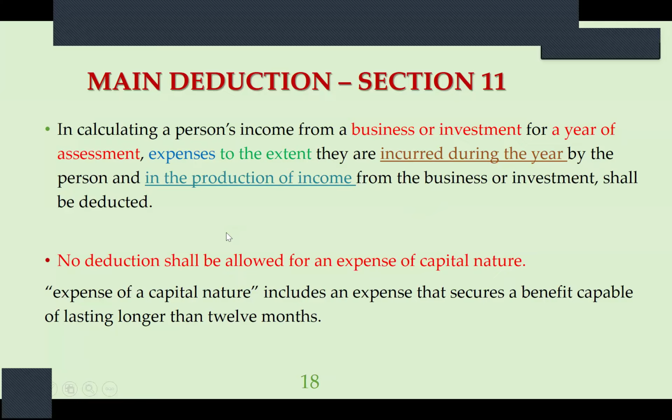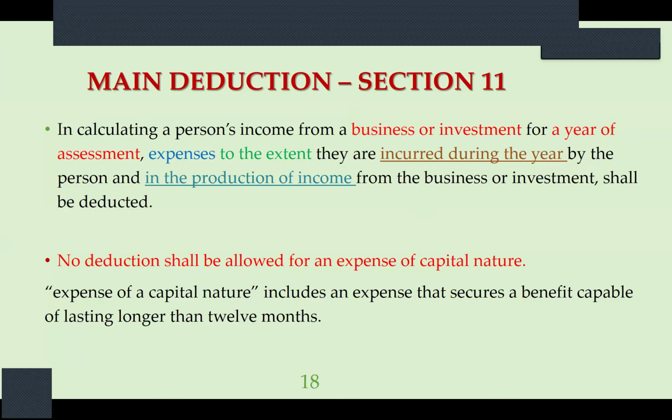But subject to section 10, if that expenditure is specifically mentioned under section 10 as not deductible, even though it is incurred in the production of income, we cannot deduct it as it is not allowable as a deduction for that year of assessment.